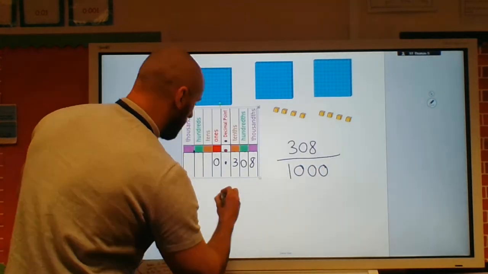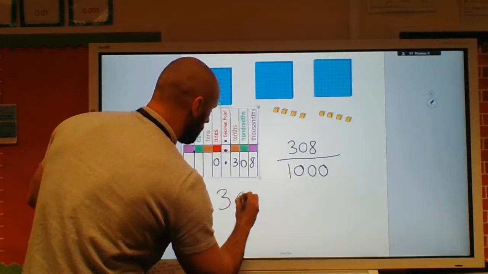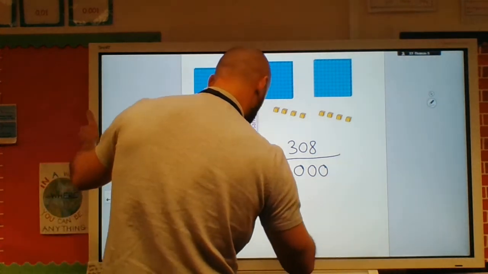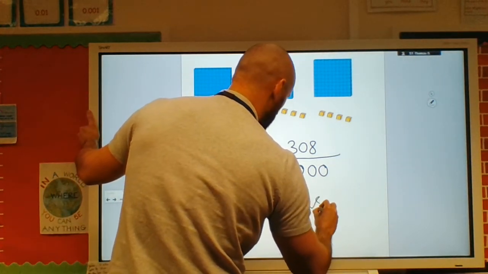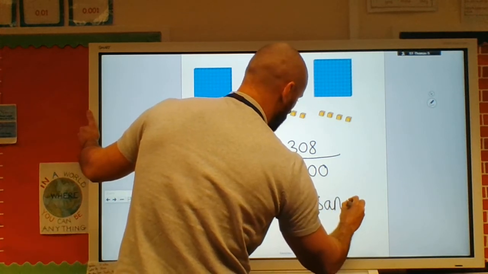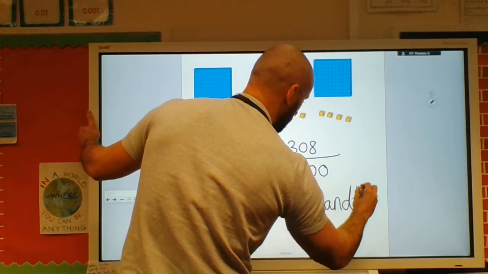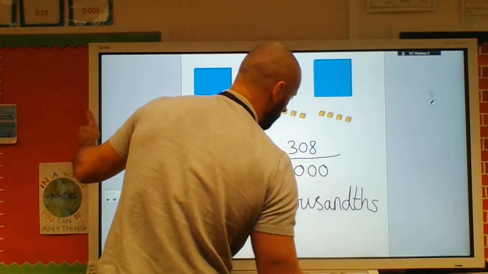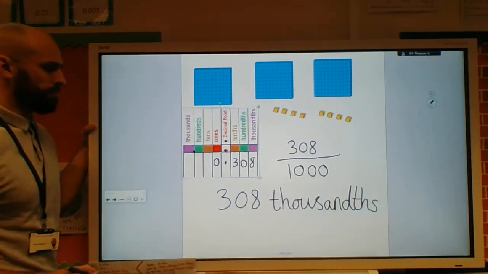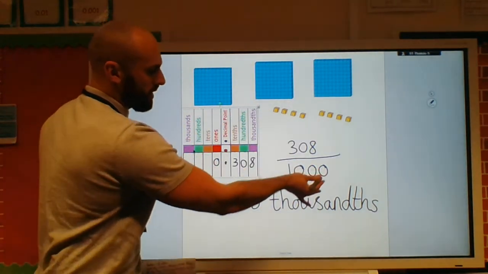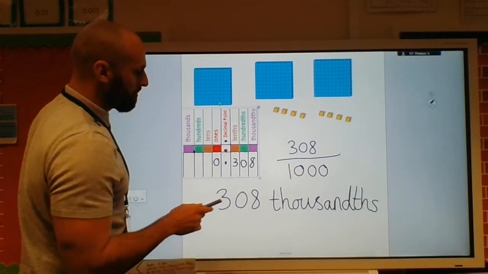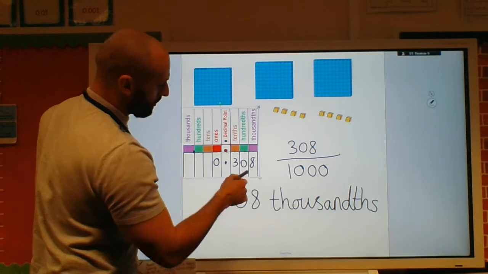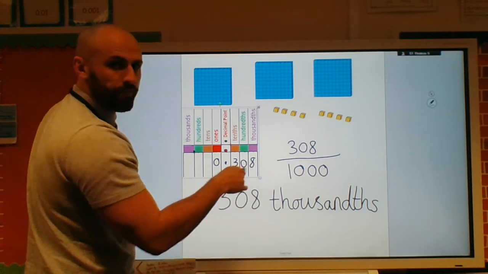So I write this one as 308 thousandths. Okay? So write your fraction out of 1,000 and then see if you can simplify it. And remember, you only say the number up to where you've got the digits. Best of luck.